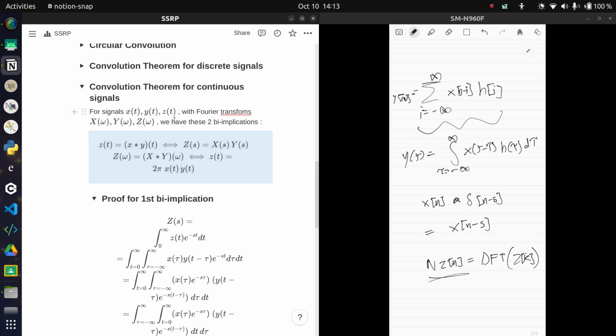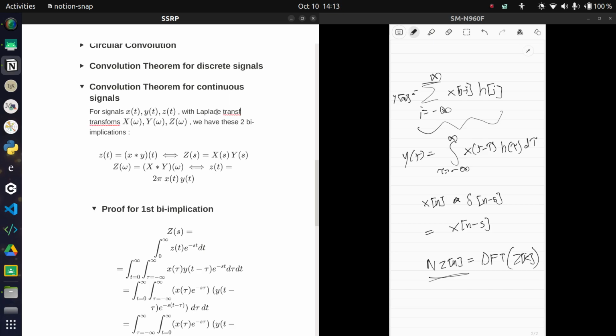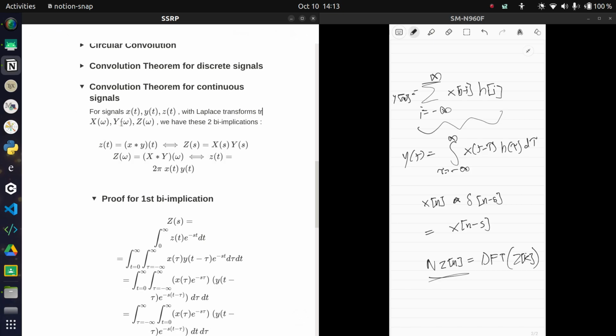So, Fourier transforms of these, or let's just say the Laplace transforms, because with the Laplace transform you can even deal with Fourier transforms. Now it should be s instead of omega everywhere.